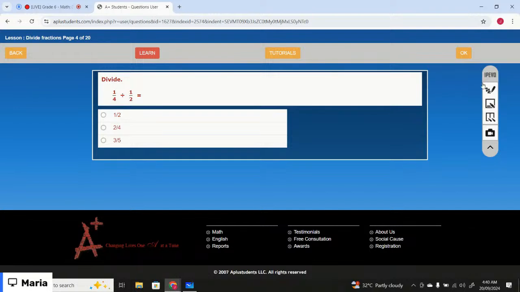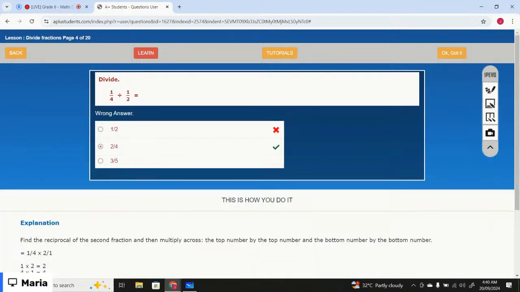One over 2 is the correct option. Option number 1 is the correct option. The correct option is 2 by 4.